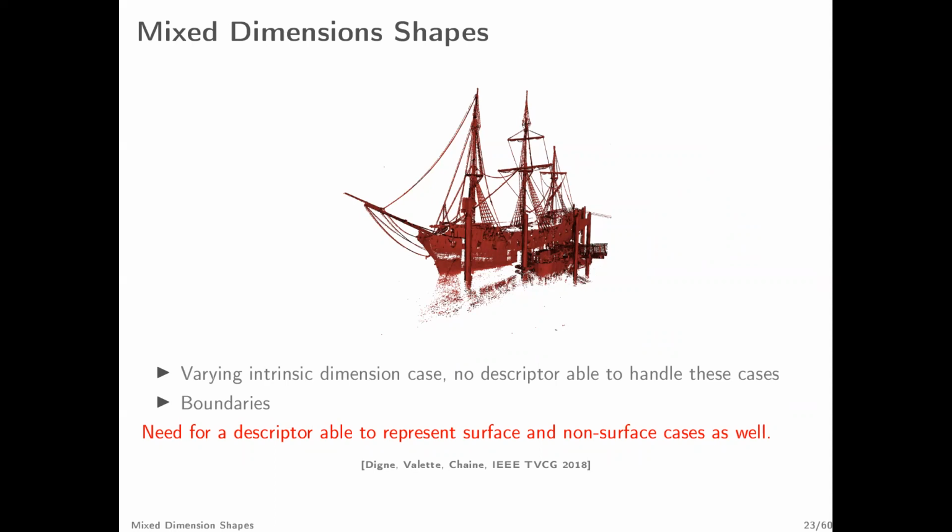But at the scale at which we're applying it, it's much more interesting to look at them as lines. So you have a set of surfaces here, and here on the rigging, you have a set of lines. And so the dimension of your data is varying. So we need to find, for these cases, a descriptor which is able to handle both of these kinds of data.